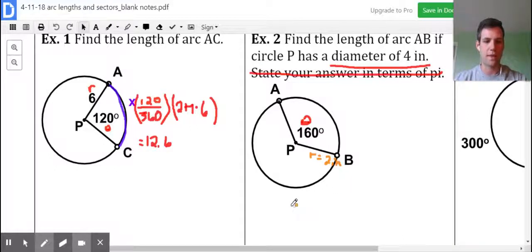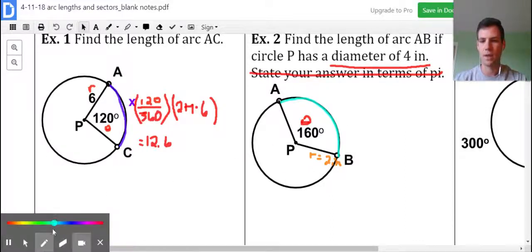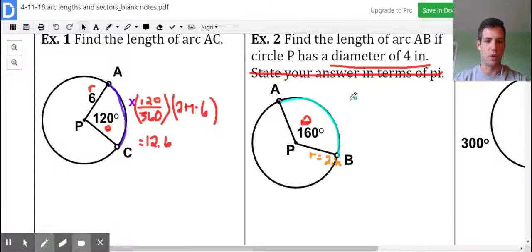So let's find the arc length. In this case, we are finding the arc length from A to B going this direction, because that's what the central angle of 160 is hitting. And we would do 160 divided by 360, almost half of the circle.